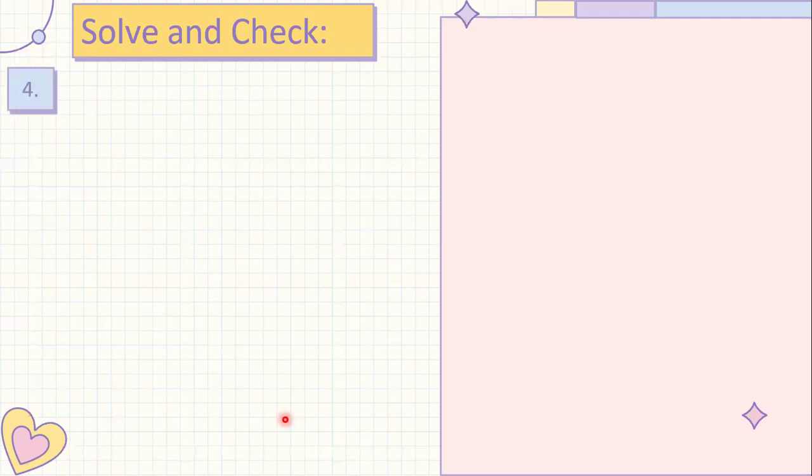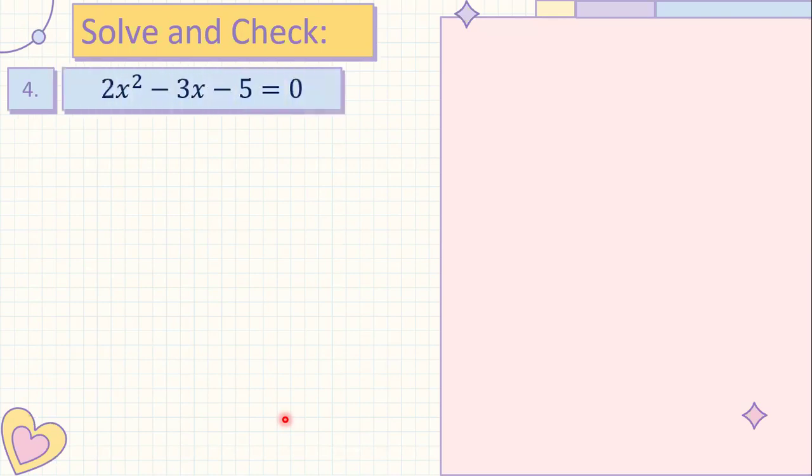Next, we have example number 4. 2x squared minus 3x minus 5 is equal to 0.